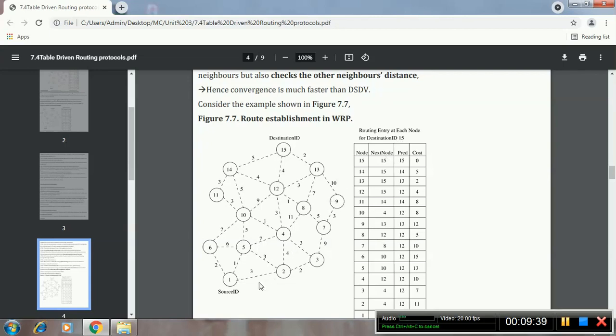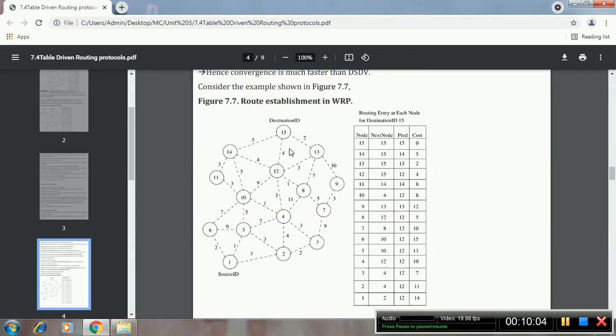From node 1, if I want to move to node 15, that is going to be calculated. That is the routing entry at each node: from 1 to 15, 2 to 15, 3 to 15, 4, 5, like that. From each and every node, how can we move to the destination node? That is what we have in the table.